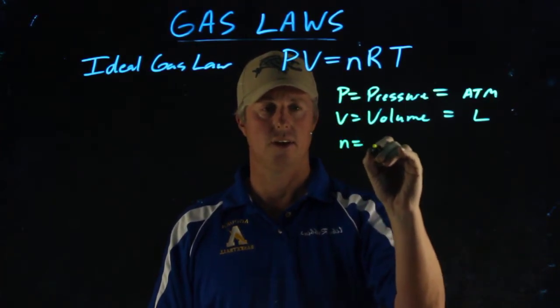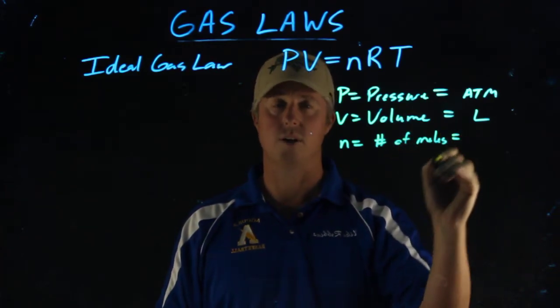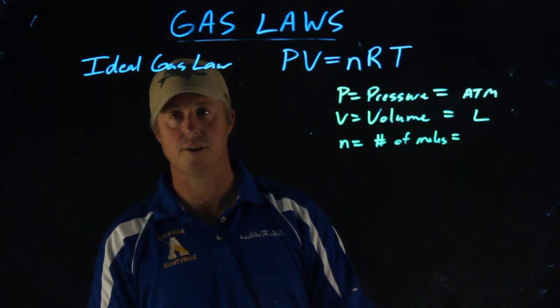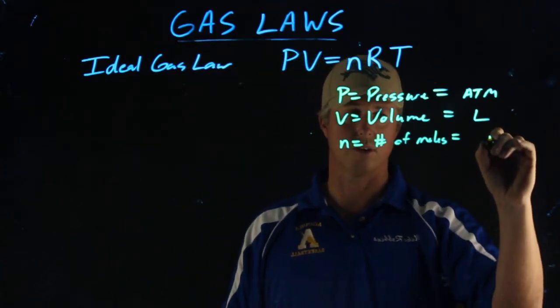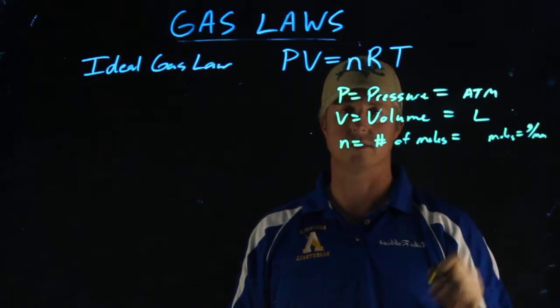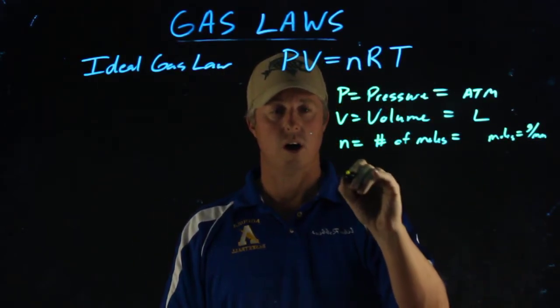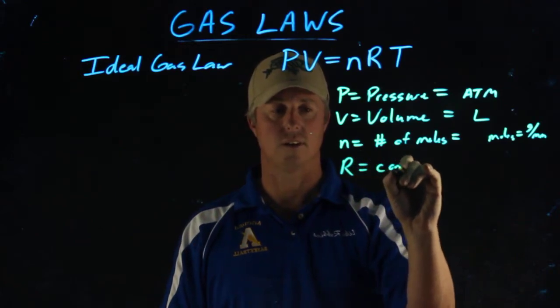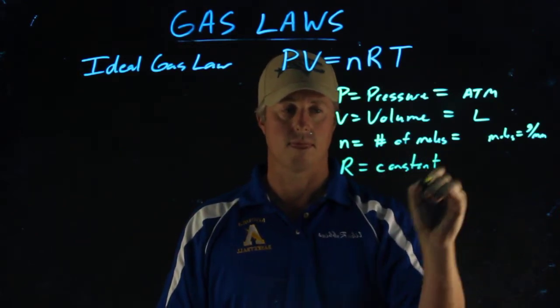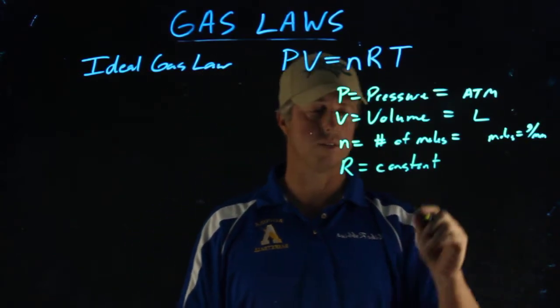n is equal to the number of moles. It's the amount of molecules there. And the amount has to be in moles. And we know moles is grams over molecular mass. Okay, so this has to be in moles. R is a constant. And if it's a constant, we have a set number we're going to use every single time.